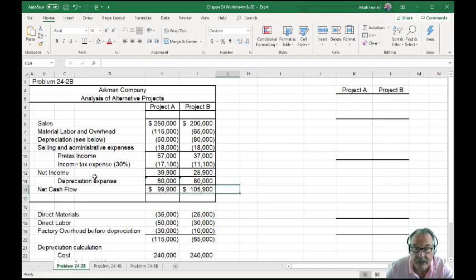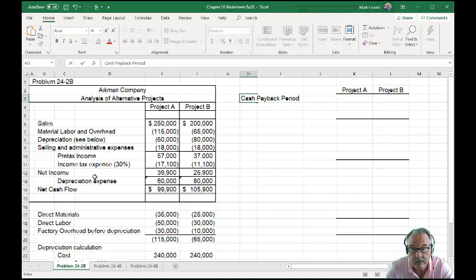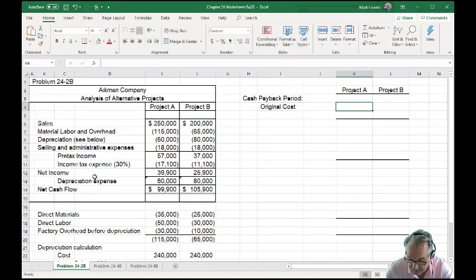So now we can do our calculations. Our first calculation is going to be the cash payback, where we're going to compare the original cost, and for both these projects, it's the exact same amount, $240,000.